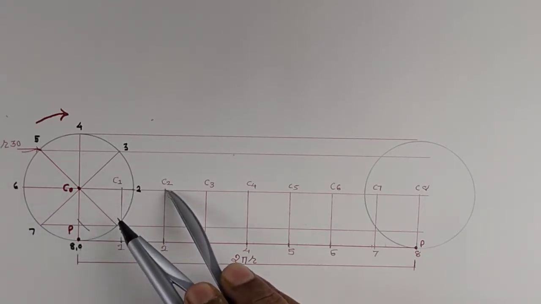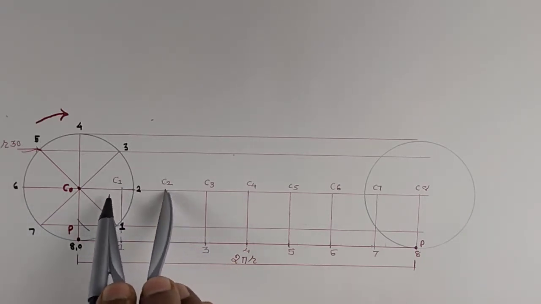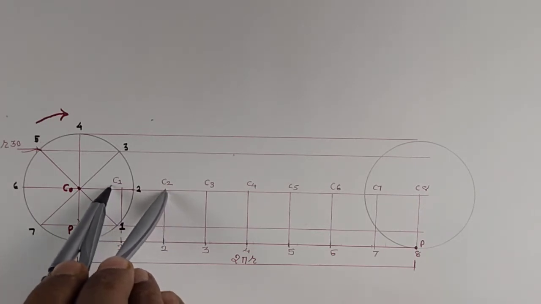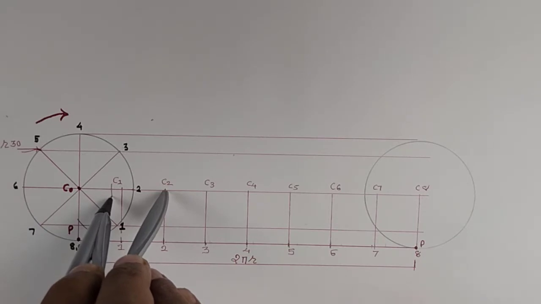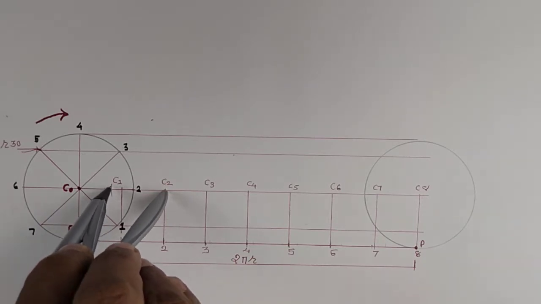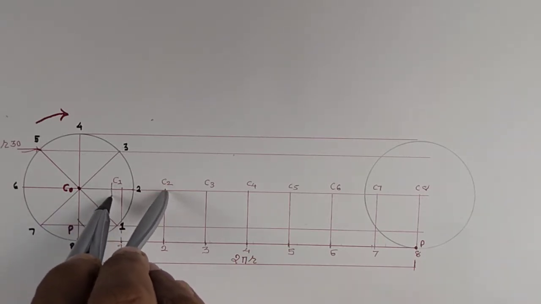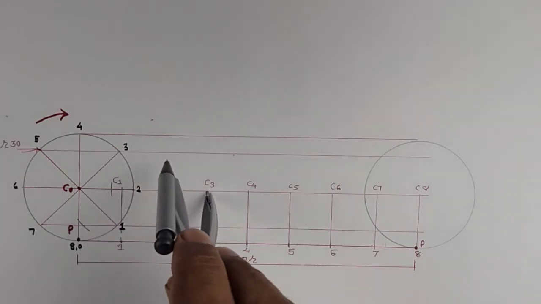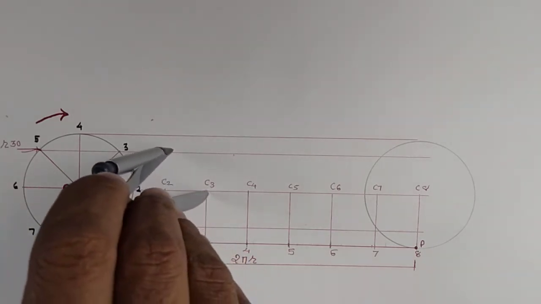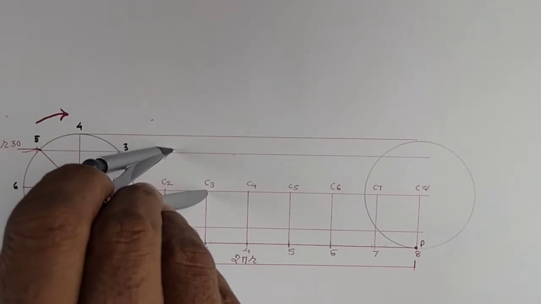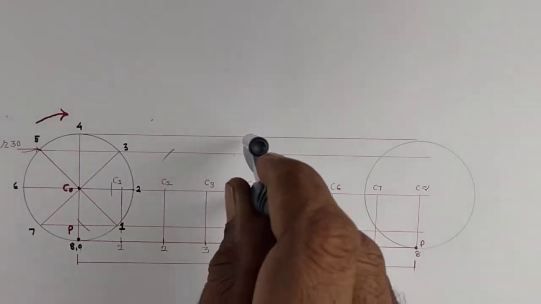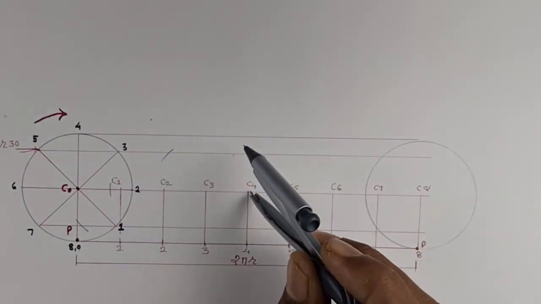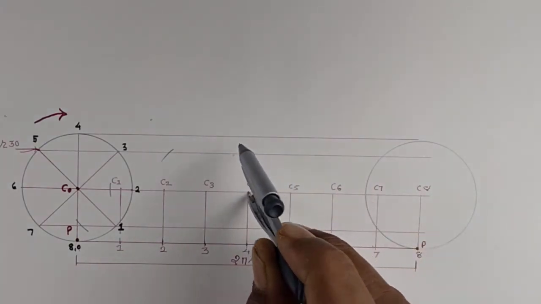Then with C2 center, I draw the arc on the 2 number horizontal line on the left hand side, because initially my point P is on the left hand side. Then C3, you draw the arc on the 3 number line. Then C4, you draw the arc on the 4 number line.